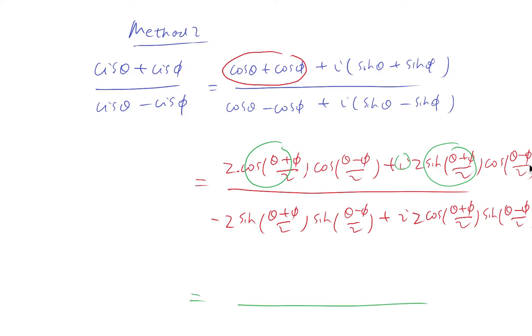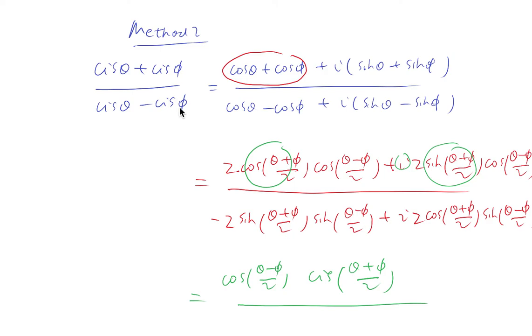So at the front we have cos theta minus phi divided by 2, and then cis theta plus phi all over 2. Okay, so that's the numerator: cis theta plus cis phi is cos theta minus phi over 2, cis theta plus phi over 2.